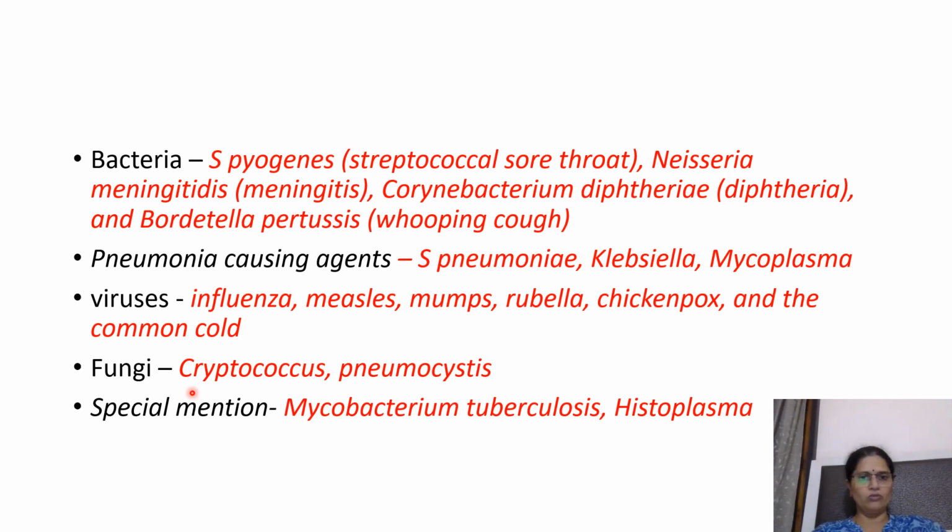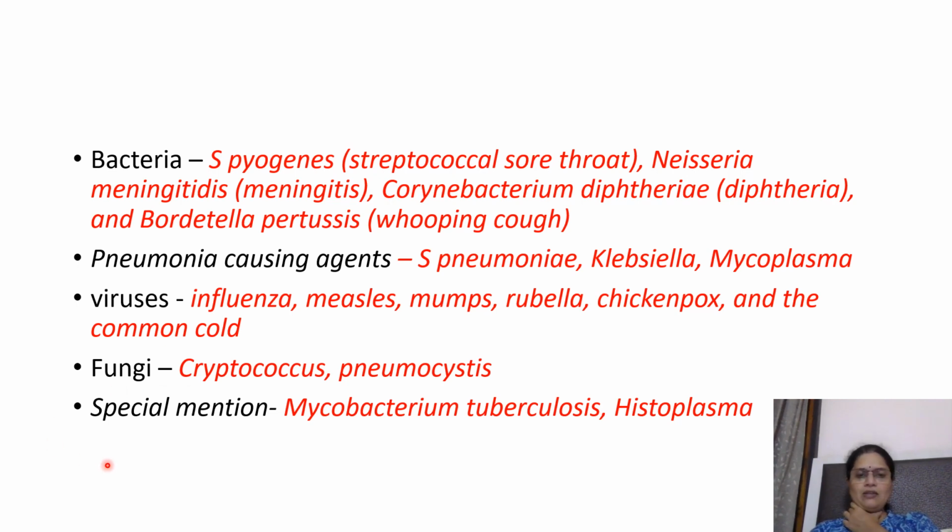You will see both cryptococcosis and Pneumocystis carinii pneumonia. We call it PCP in short. Pneumocystis also causes pneumonia, so we call it Pneumocystis carinii pneumonia. Both these infections are commonly seen in AIDS patients as secondary infections.